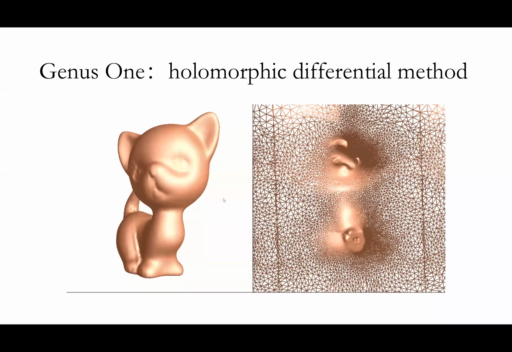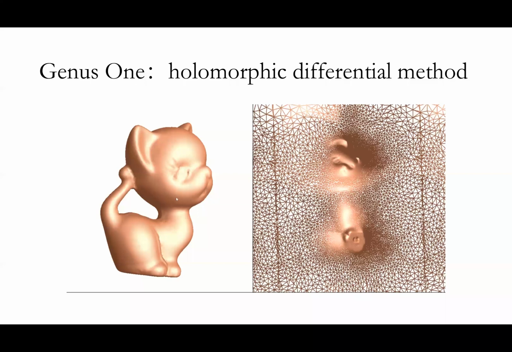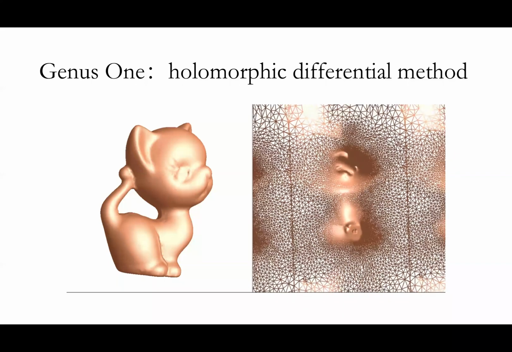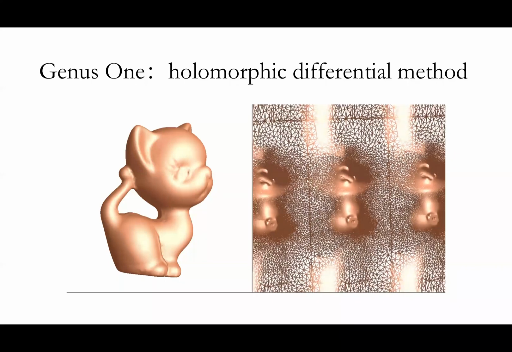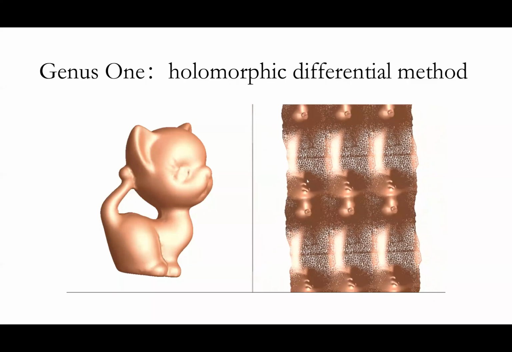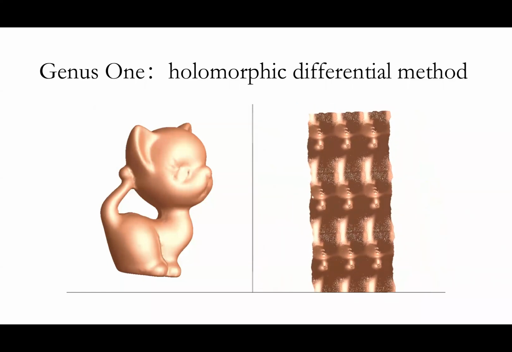Okay, for genus 1, we use Hodge theory, or the holomorphic differential method. Intuitively, this method tries to find a special tangent vector field on the surface such that the divergence equals 0 and the curl equals 0, an irrotational and divergence-free field, a bit like an electrostatic or magnetic field. Once you find such a vector field, you rotate it by 90 degrees and get another vector field. This pair of vector fields is called a holomorphic differential.